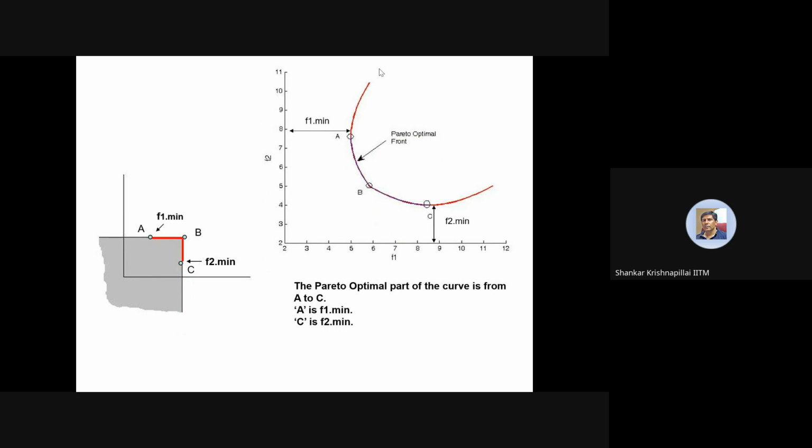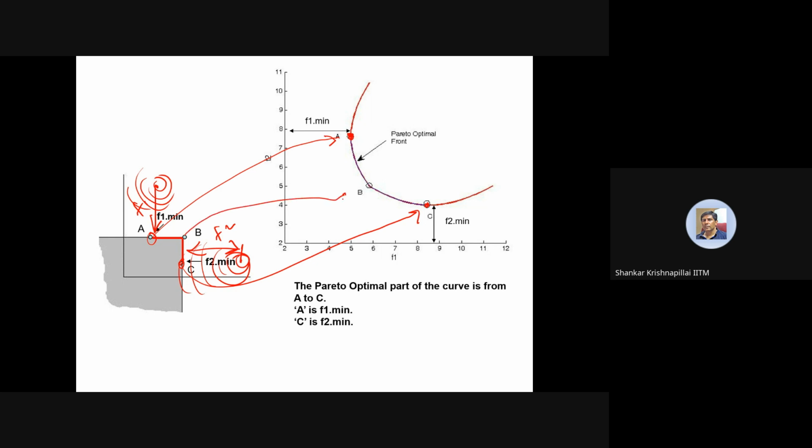So this is also the same type of thing. This is F1 minimum, and this is actually F2 minimum, the minimum of F2. So this A will come here, this C will come here, and this B will come here.